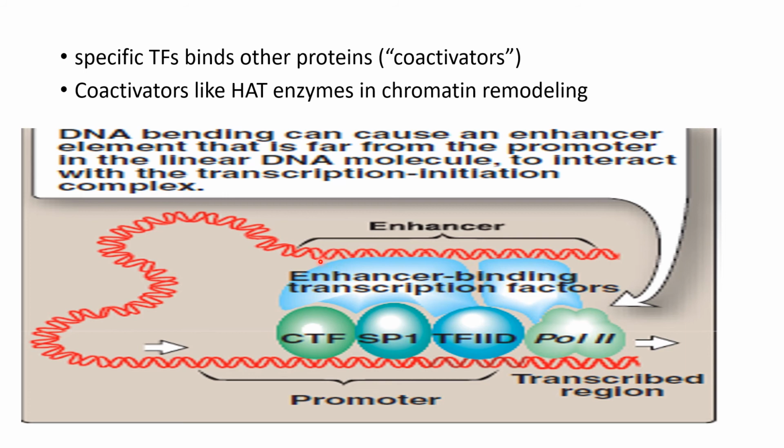There is a need for bending of the DNA molecule because enhancer elements are thousands of base pairs away from the transcriptional start site. To form interaction between these general transcription factors and the specific transcriptional factors, or protein-protein interaction, there must be bending of this long loop of DNA.